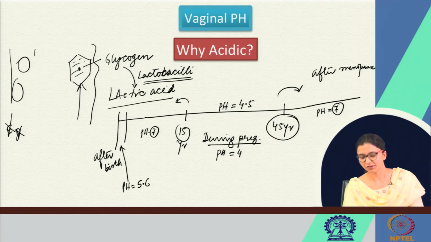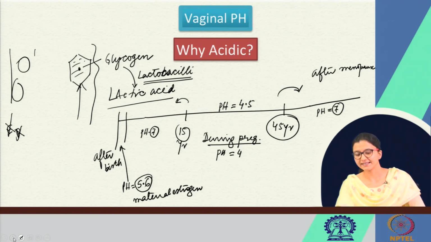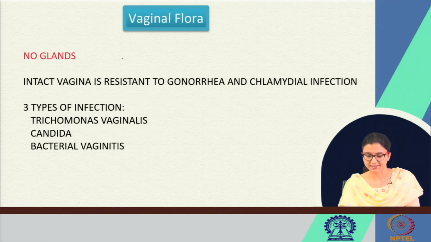This is because of the maternal estrogen. Maternal estrogen will act on the female fetus, and there will be secretion of lactic acid from the superficial cells of the female fetus, which will lead to acidic pH.